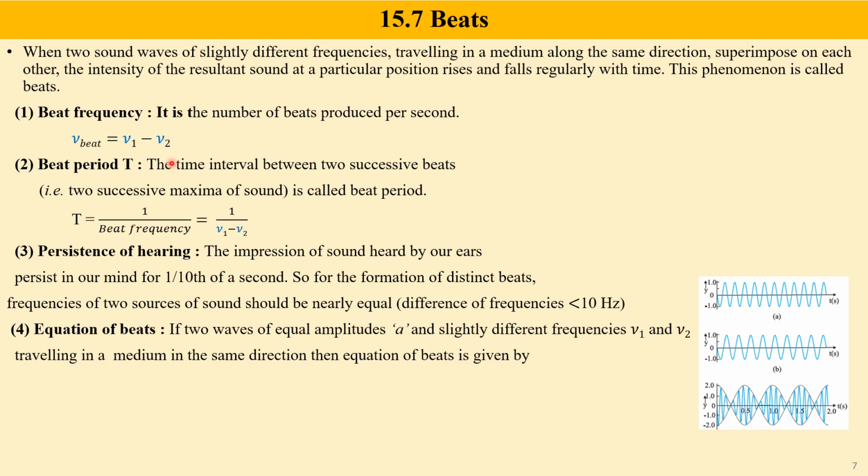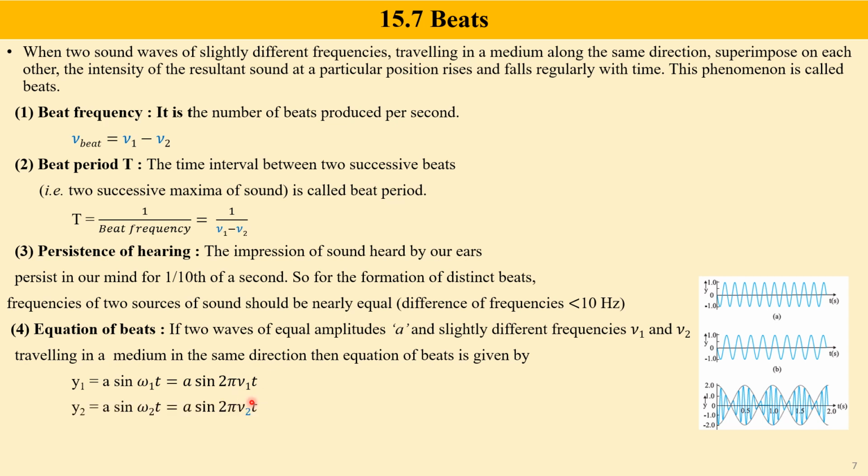If two waves of equal amplitude A and slightly different frequencies nu1 and nu2 travel in a medium in the same direction, then the equation of beats is given by the following relationship. y1 is equal to a sin omega 1 t, that can also be written as y1 is equal to a sin 2 pi nu 1 t. That is, omega 1 is equal to 2 pi nu 1.